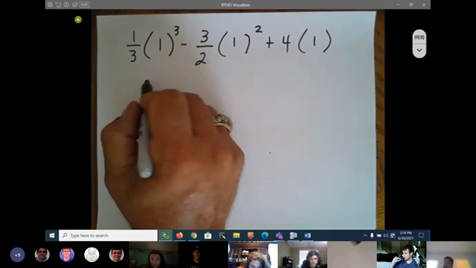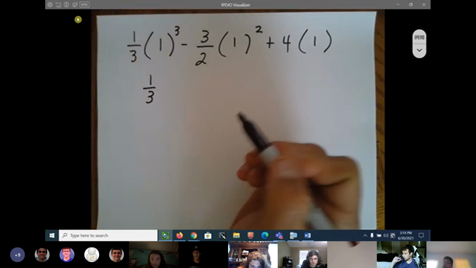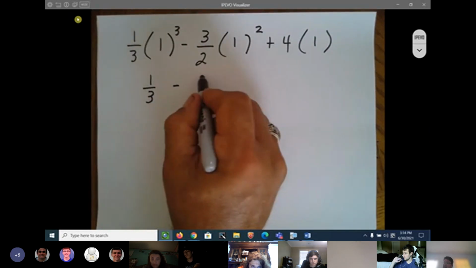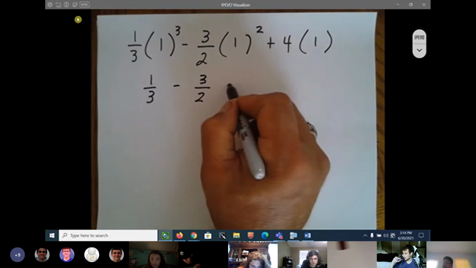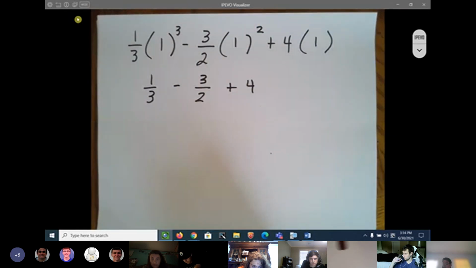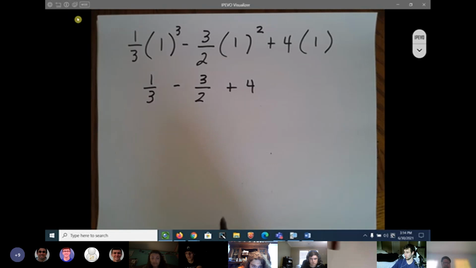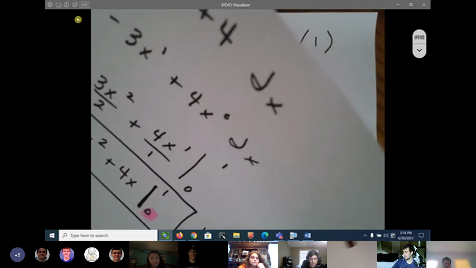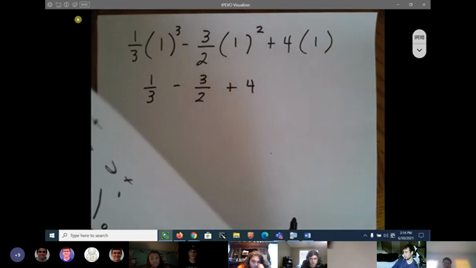1 cubed is 1/3 minus 3/2 plus 4. This doesn't look like I'm going to get my answer. Maybe wrong. I think on the last one, when you did the squares, you didn't account that it was 0.5.